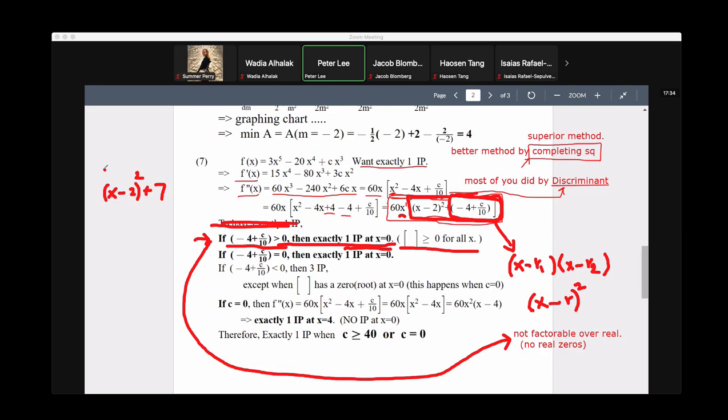Now we can see that this guy right here is always positive. And if this is always positive, that means there's no real zero. That means you only have one inflection point. The inflection point occurs at x equals 0. That's it.